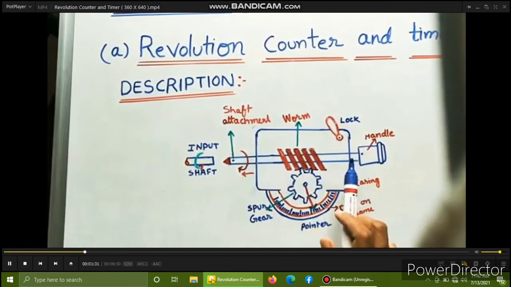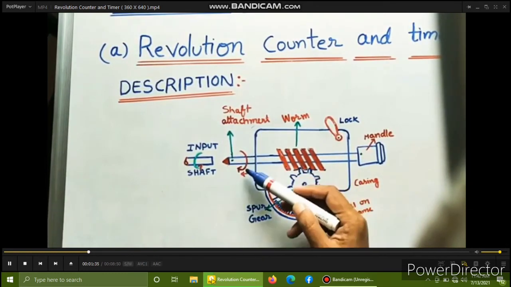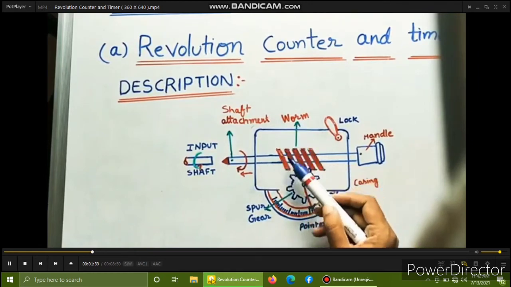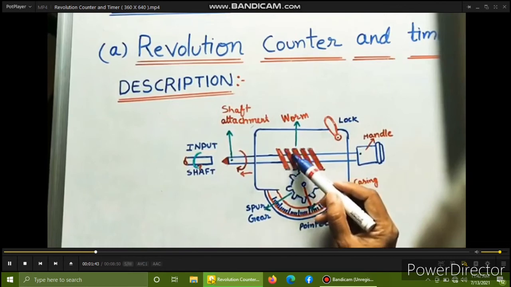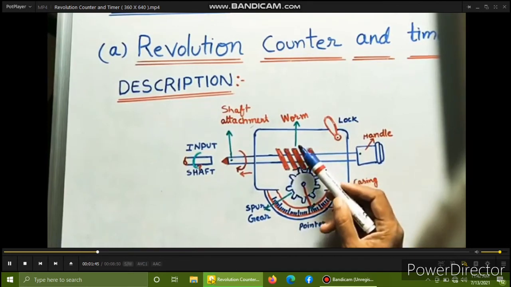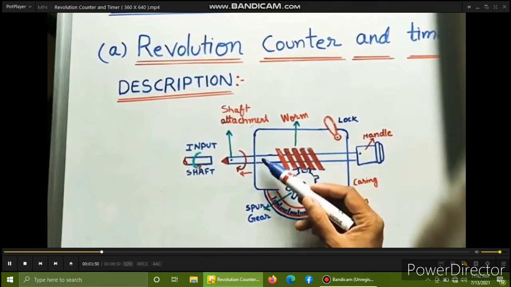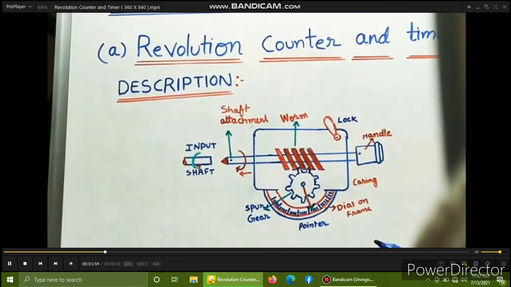So the inside part of the tachometer has one shaft, which moves either clockwise or anti-clockwise, and on it a worm gear is mounted. This worm gear has inclined teeth, and it is mounted on the shaft, so when the shaft is rotating, the worm gear is also rotating.